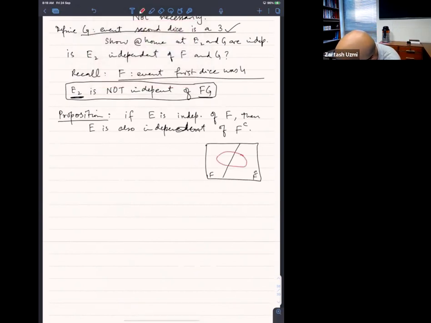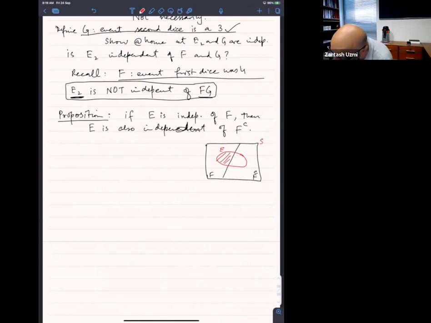This is event E. So when E is independent of F, that means the proportion of E in the sample space, ये पूरा का पूरा red circle और उसका area divided by the entire area of the sample space, okay, is the same as the shaded area E and F divided by the number of points in F, the area of F. ठीक है?